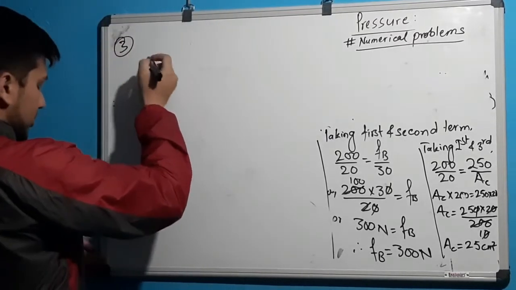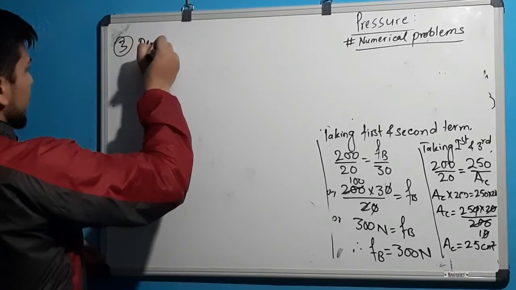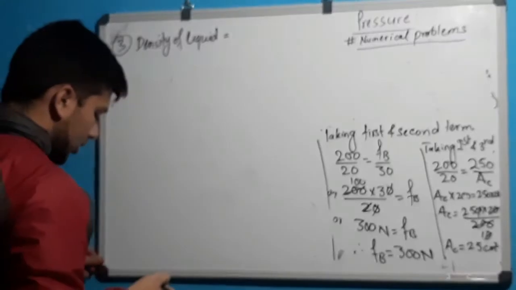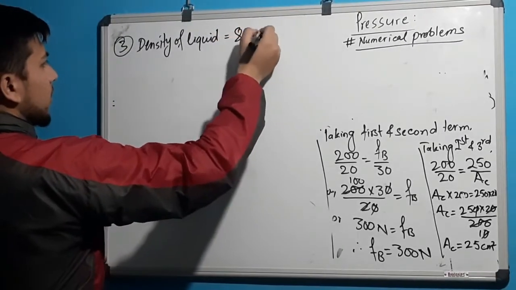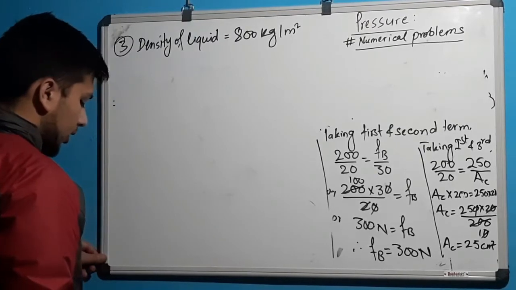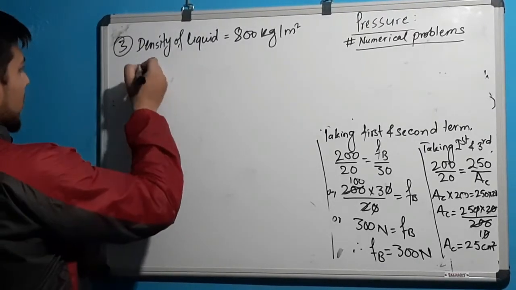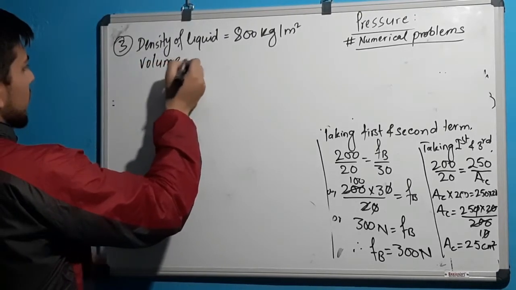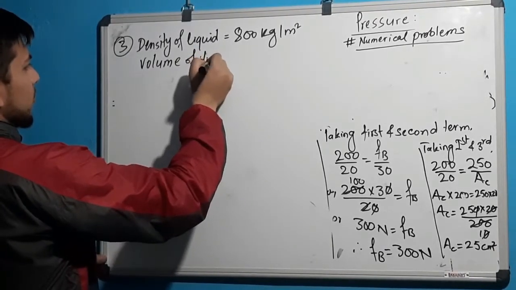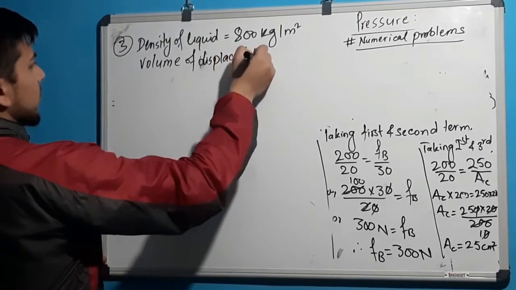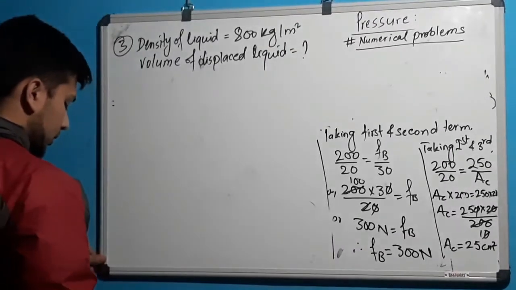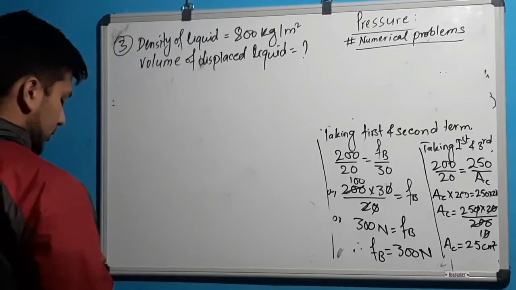There is the given density of liquid equal to 800 kg per meter cube, and we have to find the volume of displaced liquid.